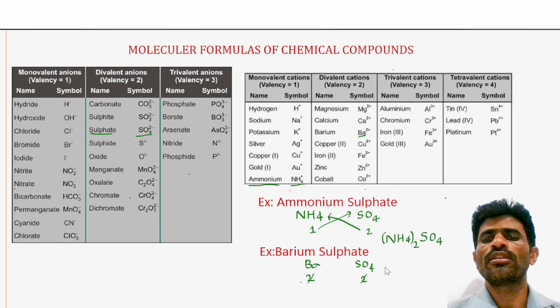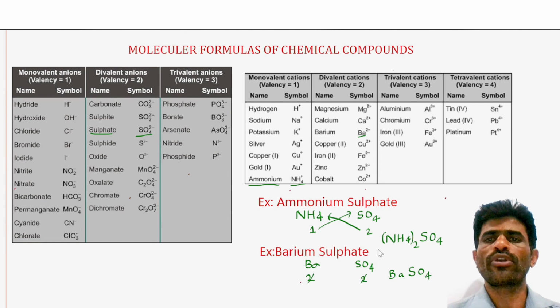Here they both have the same valency, 2 and 2, divalent cation and divalent anion, so the molecular formula will become BaSO4. That's it. This is the molecular formula of barium sulfate. Hope you all understood how to write the molecular formulas of ammonium sulfate and barium sulfate.